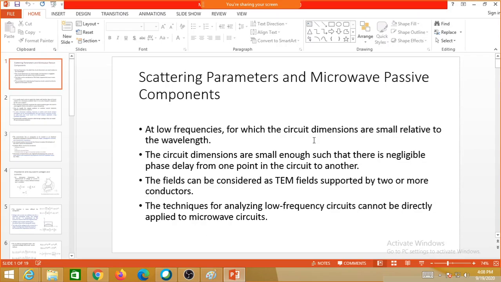So the circuit dimensions are very small compared to the wavelength, and we cannot take into consideration the phase delay, that is, the wave traveling from the input to the output. We approximately take the voltage measured at the input to give the same value at the output because of the very small circuit dimensions.